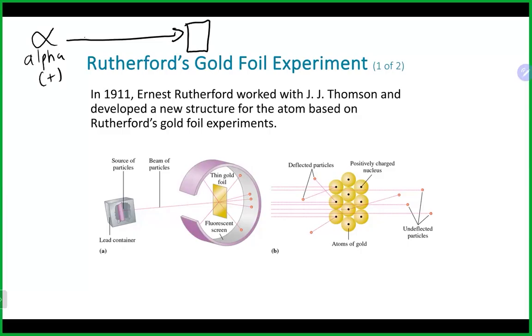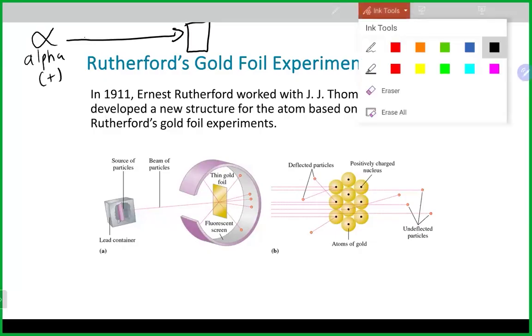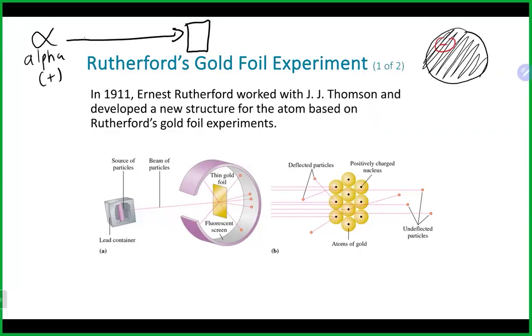Now, what they thought was going to happen based on the plum pudding model, compared to what they actually saw happen, was very, very different. So, if we think about the model of the atom that they were thinking about, which was that we have all this positive charge spread out, we have these electrons that are embedded inside, and we're going to shoot these alpha particles, which are positively charged particles, at a big pudding of positive charge, right?